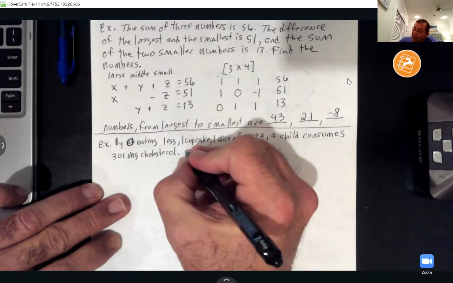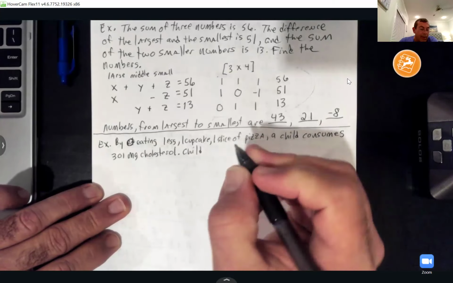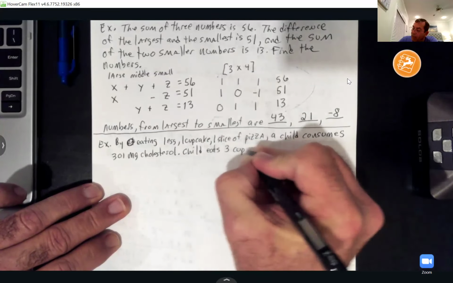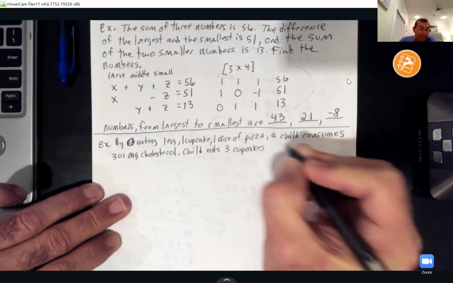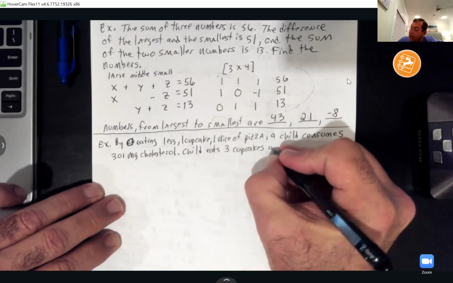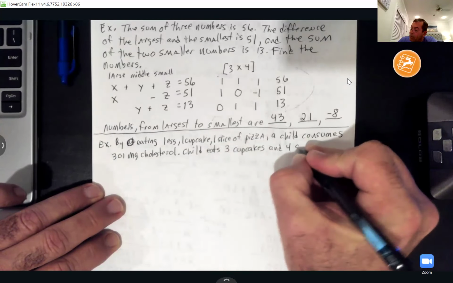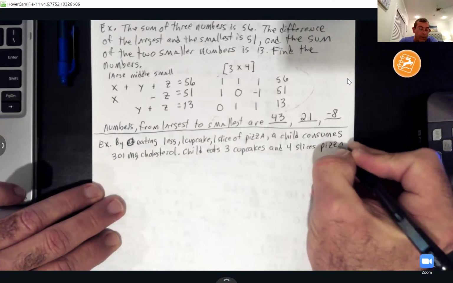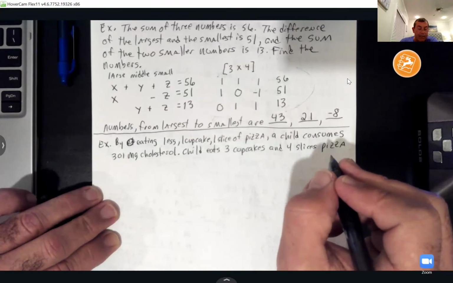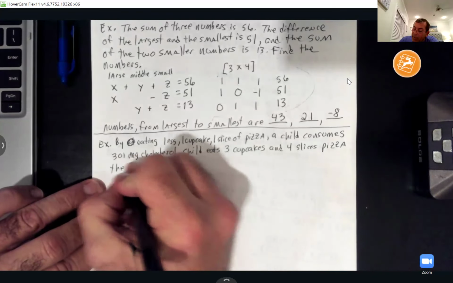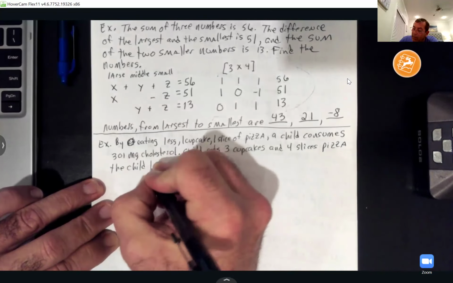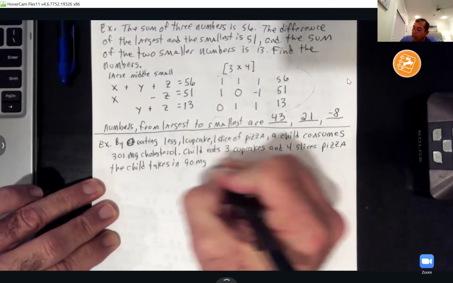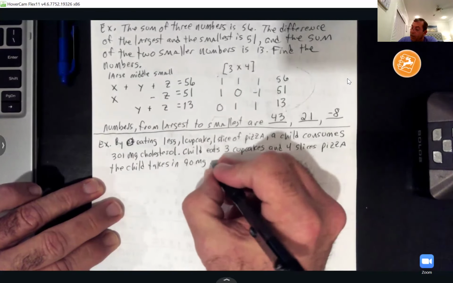Then it said if the child eats 3 cupcakes and 4 slices of pizza, the child takes in 90 milligrams of cholesterol.